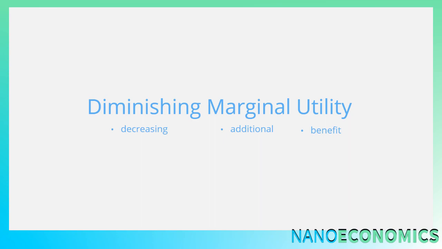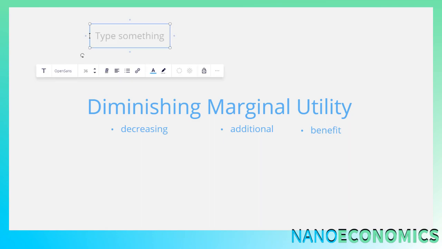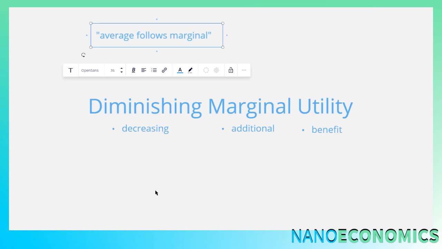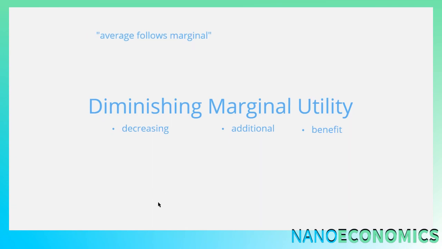So that leads us to a phrase that I commonly repeat for students to get them used to understanding it. It actually comes around in math classes as well: the average follows the marginal. So the average is going to follow the marginal scores.